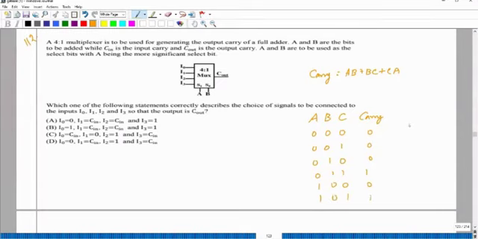And 1, 1, 1 also carries 1. Okay. So now I'm writing in terms of 4 bits.